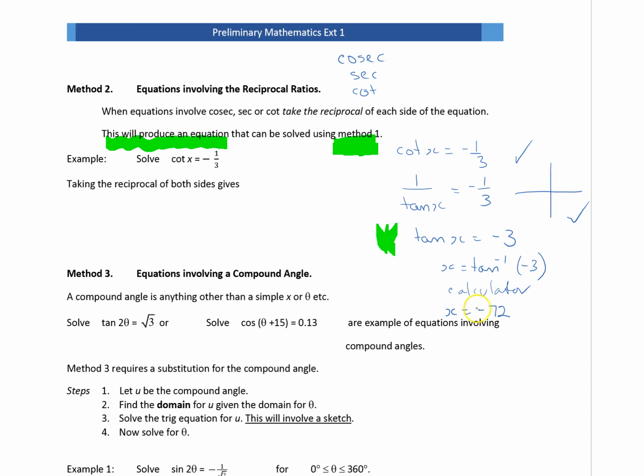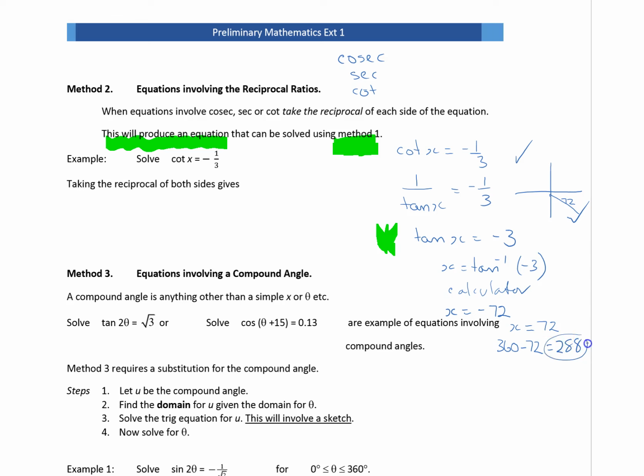We don't give the angle as a negative unless we were instructed to do so. So actually what it means is that my acute angle would be 72. In the fourth quadrant, that's 360 minus 72, which would be 288.